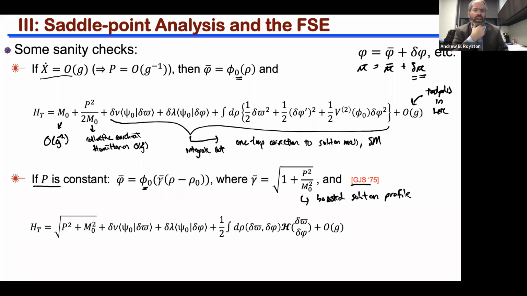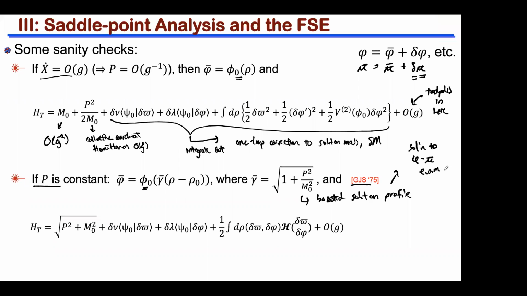But the way that this is a solution to these pretty non-trivial equations of motion in the phi sector is pretty neat, and it really does work out. So this is a solution to the phi pi equations of motion, assuming P is constant.